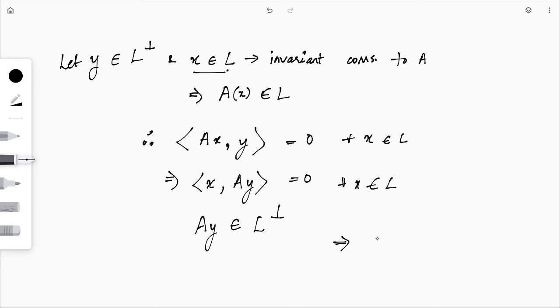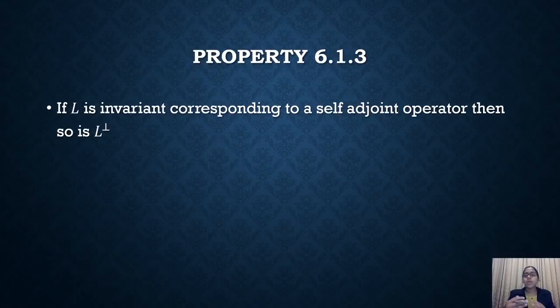So this implies A of L orthogonal is contained in L orthogonal, right? So that was the proof of our third property, that is, if we consider an invariant subspace corresponding to the self-adjoint operator, then the orthogonal space of that space will also be an invariant subspace.